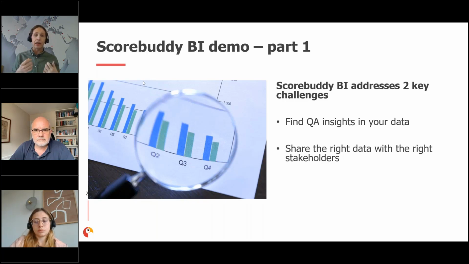So the data that we share with them has to be relevant. It has to be easy to access, and as Emmanuel alluded to, it has to be easy to consume as well. So Scorebuddy BI addresses these challenges in a number of different ways.